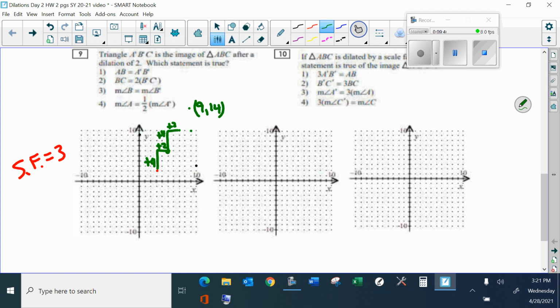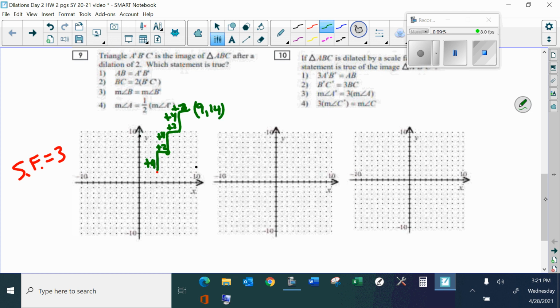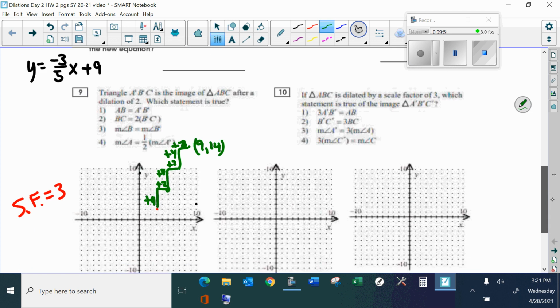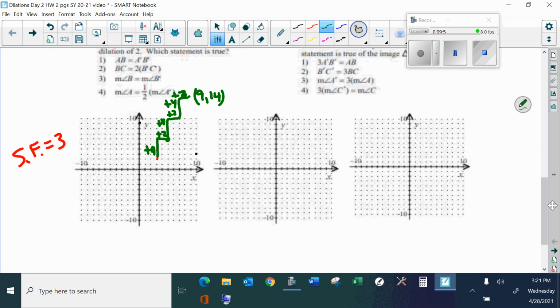It took me off the graph, off the grid. I went up 4, right 2. Scale factor of 3. So 9, 14 is a point on the line, and I know the slope stays the same. Slope is negative 3/5.